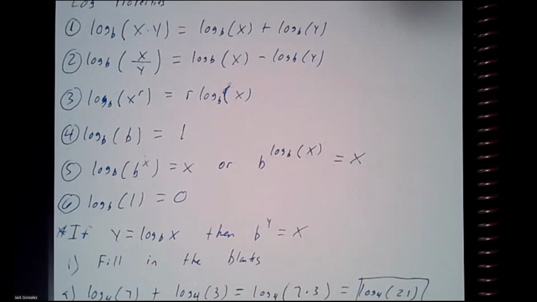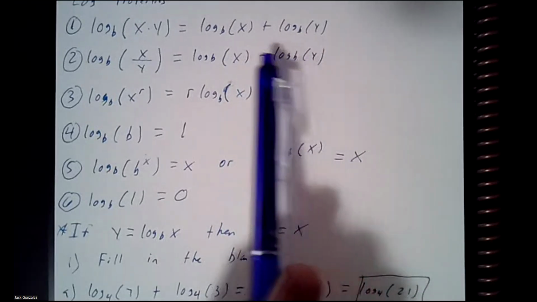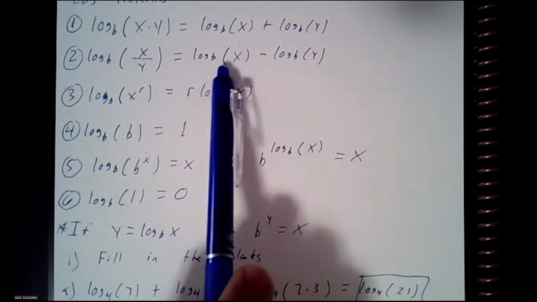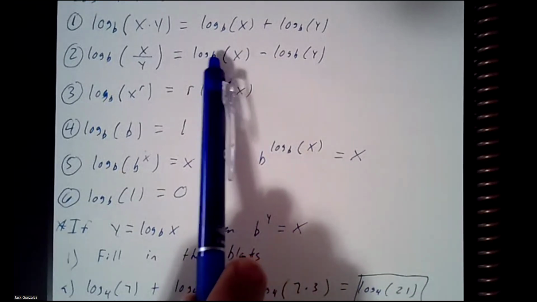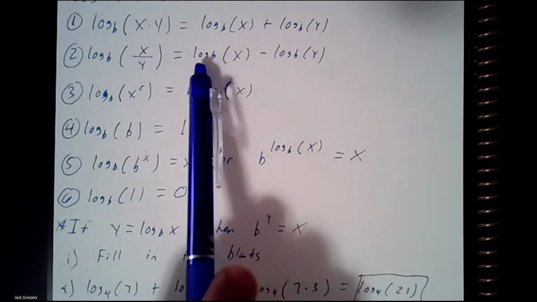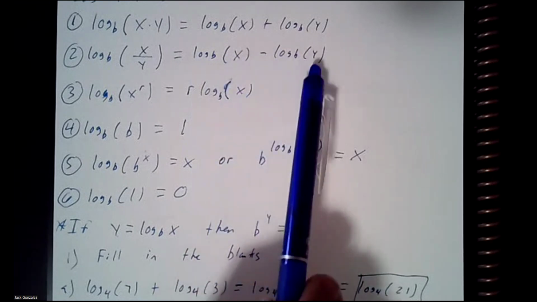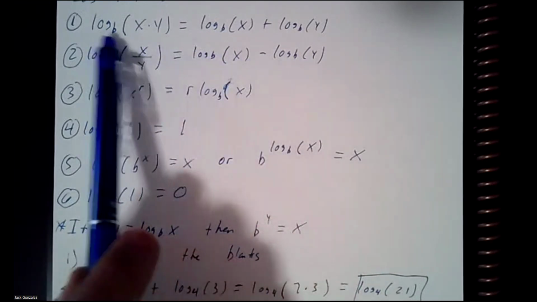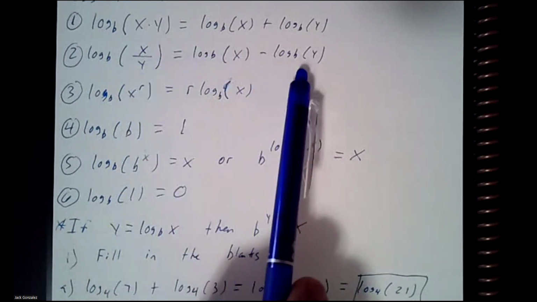Look at number 2. X and Y, if they're being subtracted, log base B. This is supposed to be a subscript, by the way. It's not in front. I just can't write. Log base B, X and Y. If you subtract them, then the X goes on top. The first one goes on top. The second one goes on the bottom.